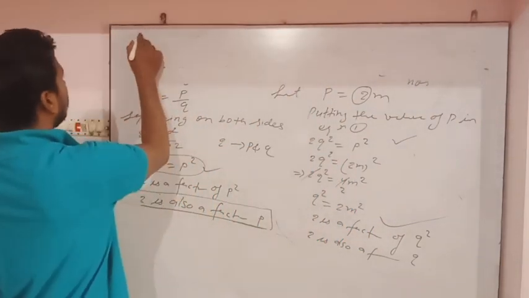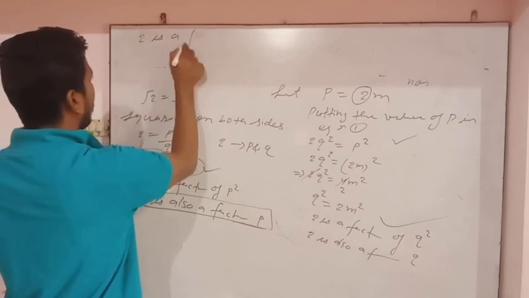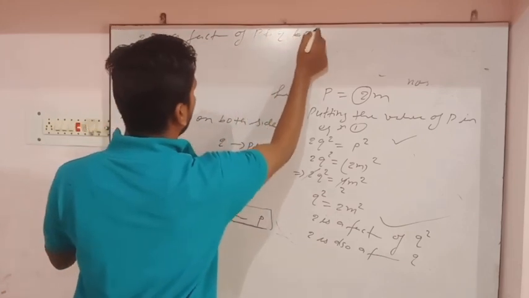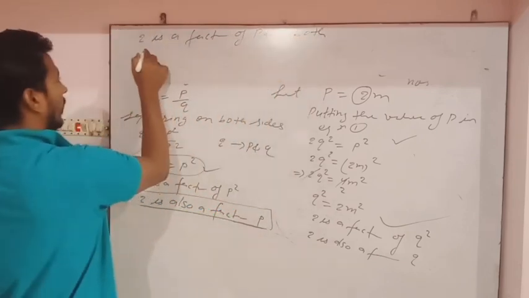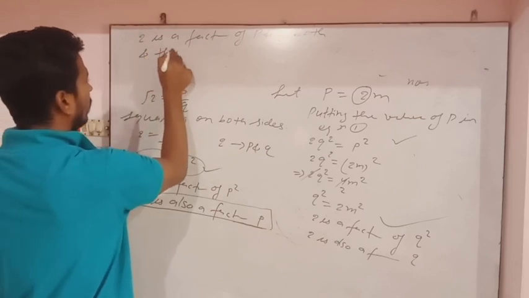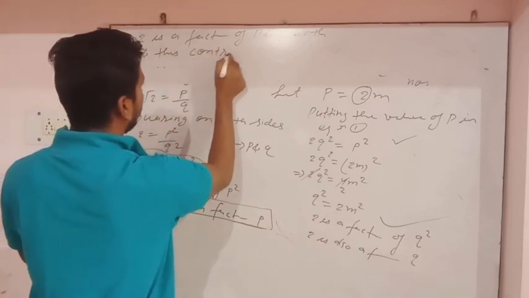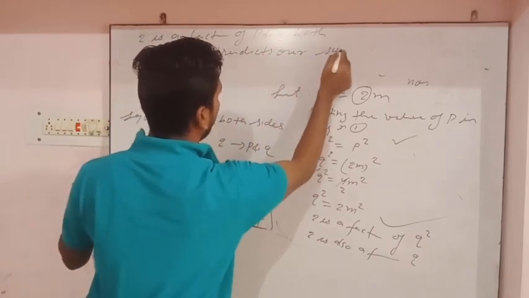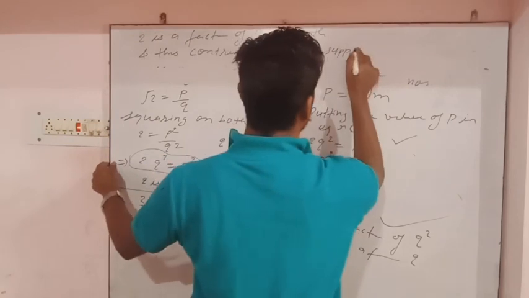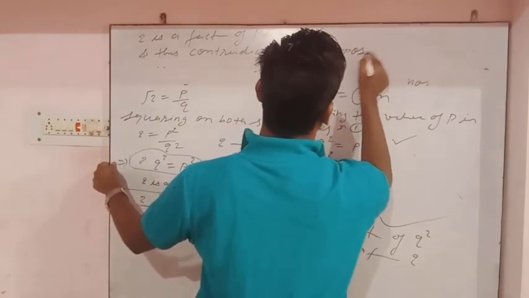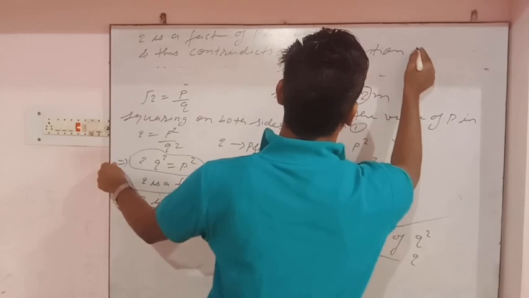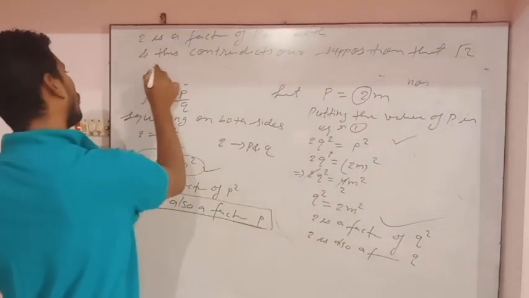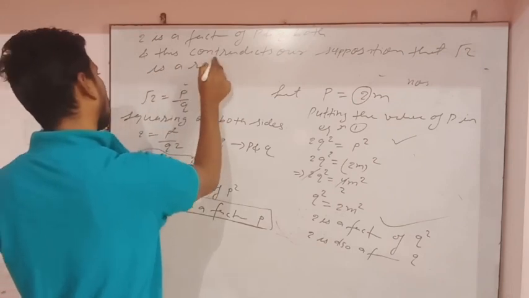So we can write 2 is a factor of p and q both, and this contradicts our supposition that root 2 is a rational number.